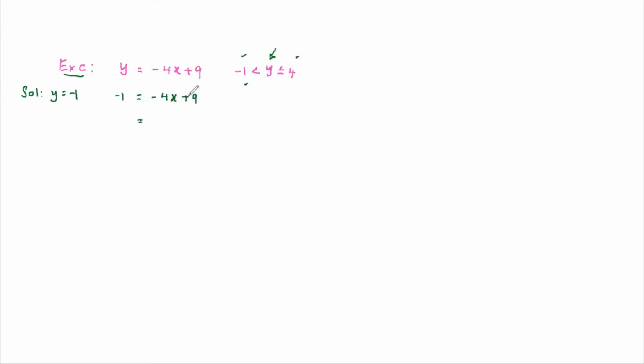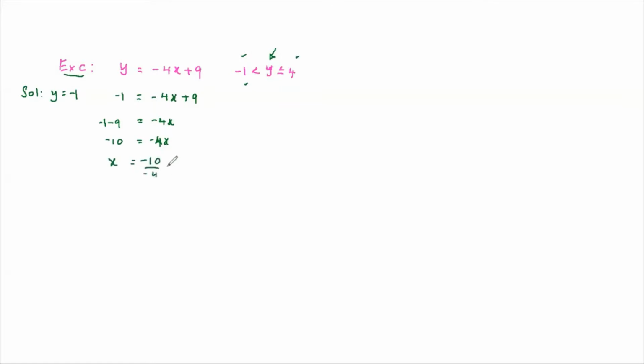So now 9, move this side, becomes -1 - 9, and this one is -4x. So this side is -10 equals -4x. Then we divide both sides by -4, and our x equals -10 over -4.